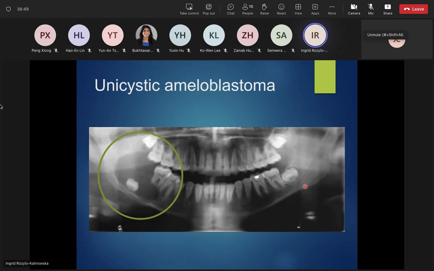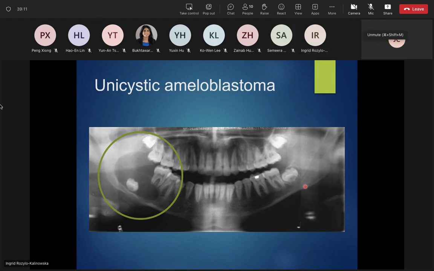Also in this case, I would think first odontogenic keratocyst because it's just more common than ameloblastoma, and also this lesion is unilocular, unicystic, without septa, so not very characteristic in fact.